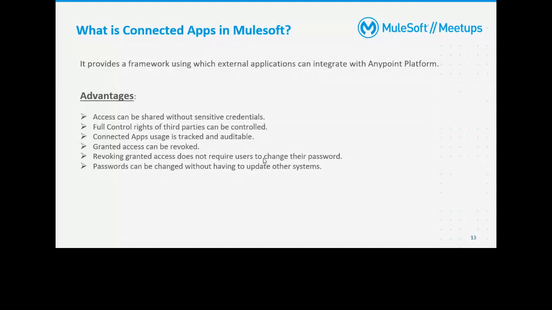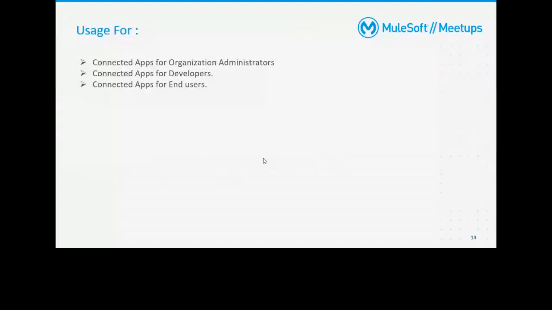Now the usage is for connected apps for organization administrators, connected apps for developers, and connected apps for end users. In all three topics we are talking about connected apps, but we are talking about what exactly the usage is for an organization administrator, then developers, and then the end users.